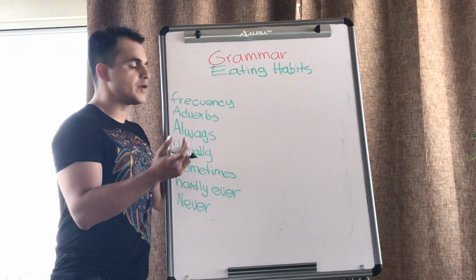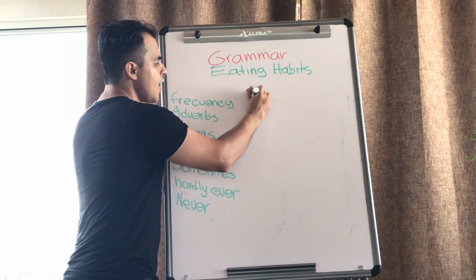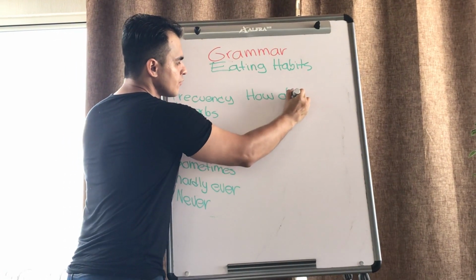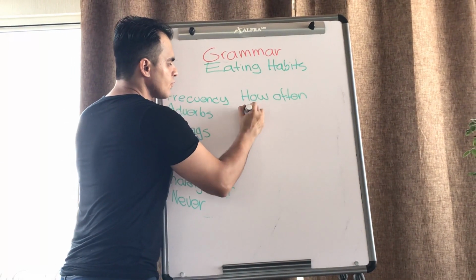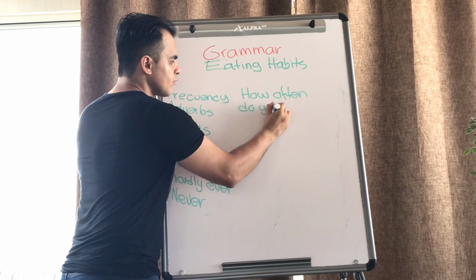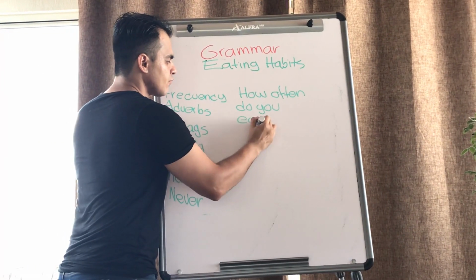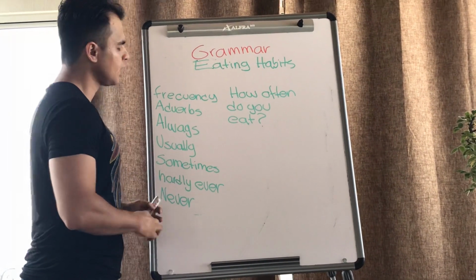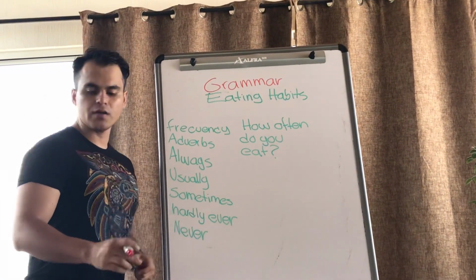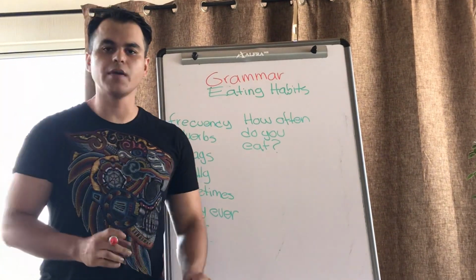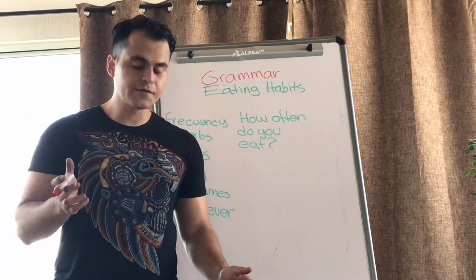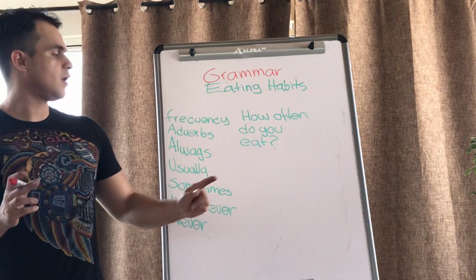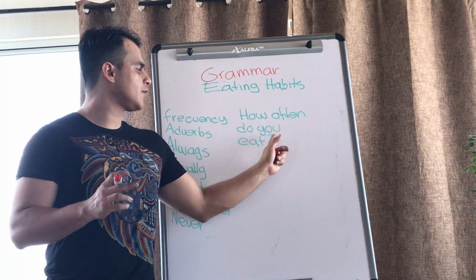Alright? Another question will be, how often? How often do you eat? And now let's learn the vocabulary that we have. Healthy food, junk food, fast food, alright? Now again, the question will be, how often do you eat?